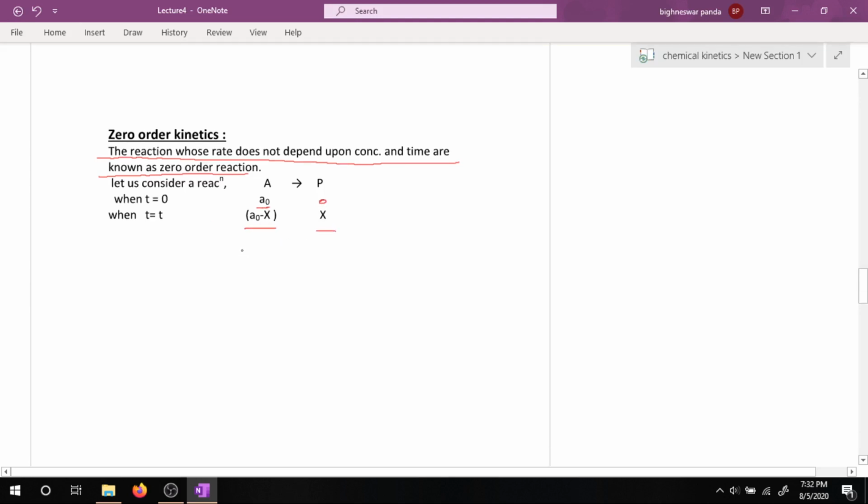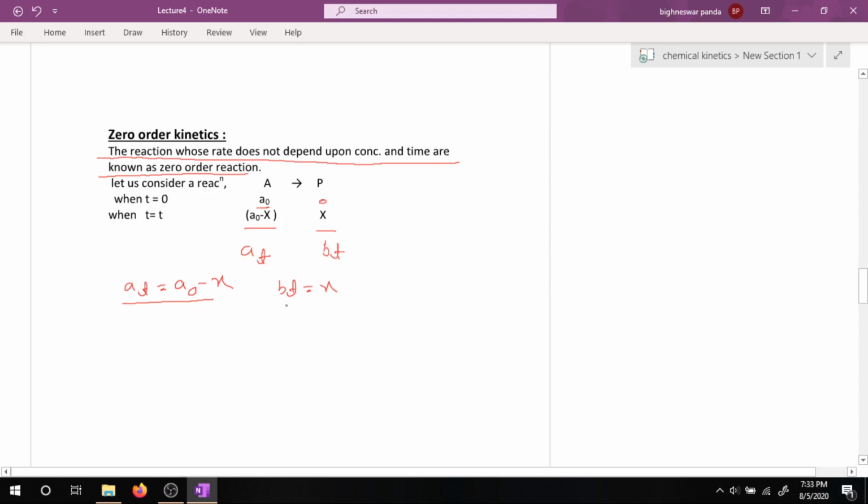For A naught minus x I can write At, and for x, Bt, where At is equal to A naught minus x. That means At is the concentration left after time t, and Bt is equal to x, that means x amount of product will be formed.